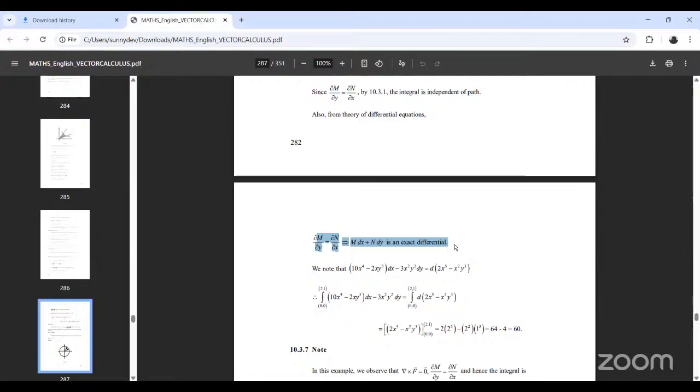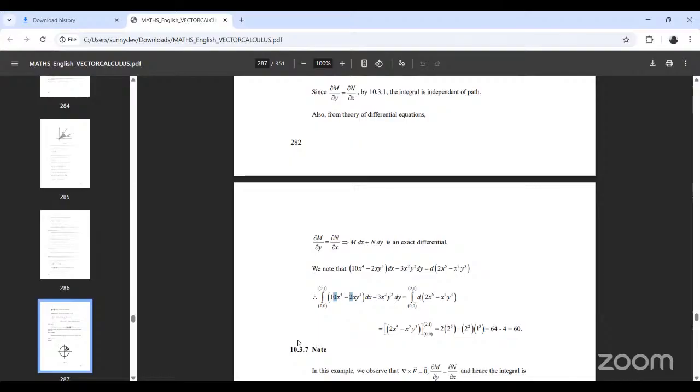So when it is an exact differential equation, let us observe these things. 10x to the power of 4 minus 2xy cube dx minus 3x square y square dy, this we can write as d of 2x to the power of 5 minus x square into y cube.